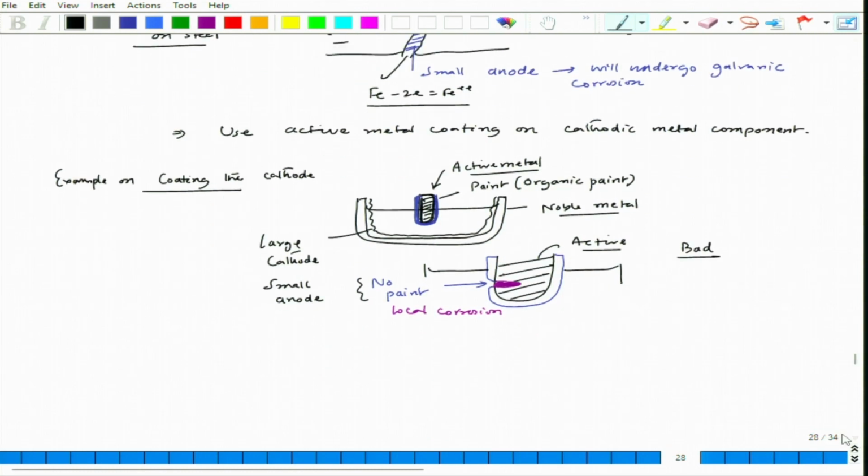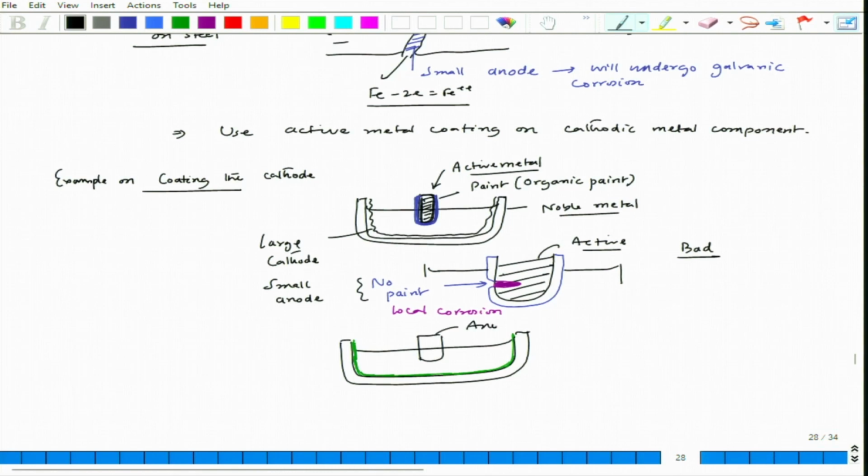So, the better design would be same thing, this is the tank and this is the central component. Okay. It is better to coat the inner surface of the tank, the noble component or the cathode, because as per galvanic series in the same solution, the container metal is sitting above the central metal part, which is the anode.